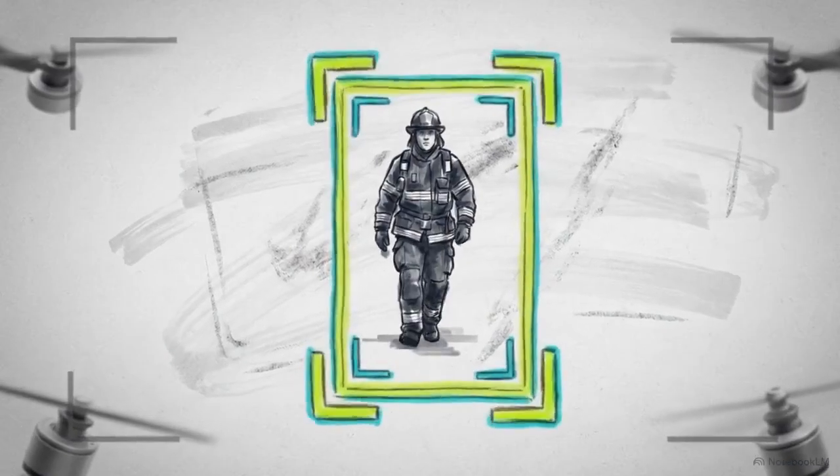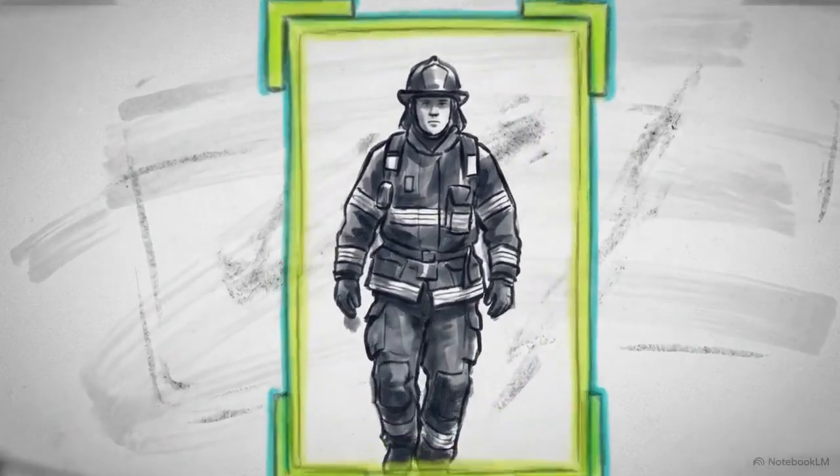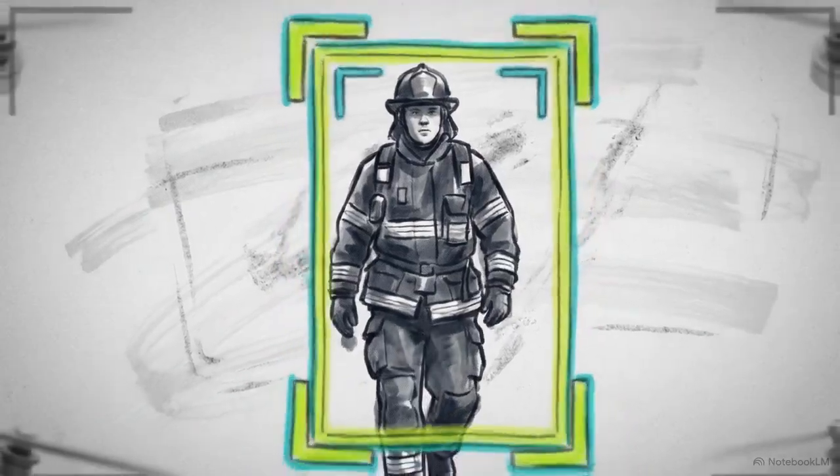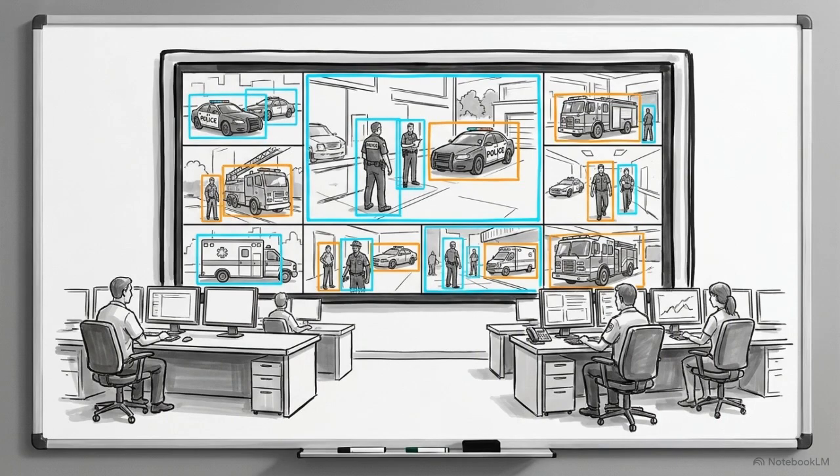This means that downstream applications, like YOLO object detection, can successfully lock onto subjects from the ARMS output. This can be done without requiring expensive machine learning retraining. Shifting image pre-processing to the spatial frequency domain provides the stability required for machine vision in disaster scenarios.